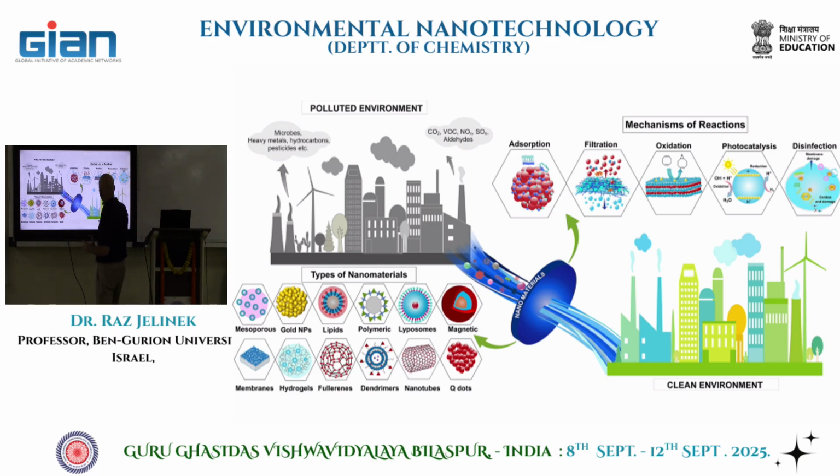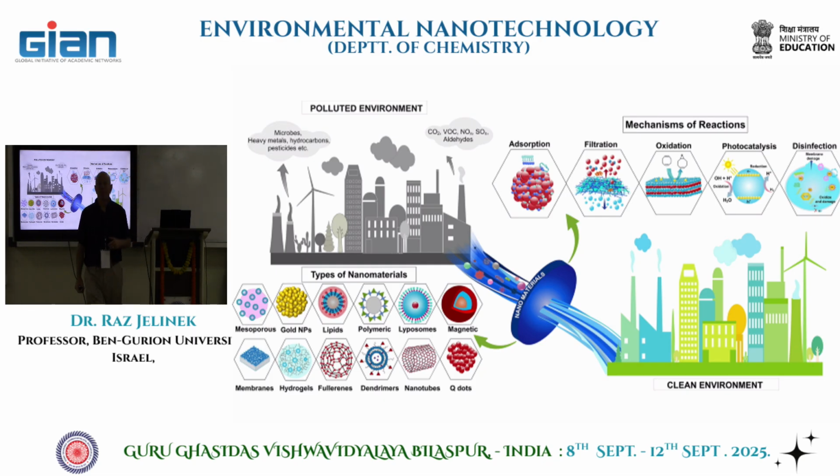What we see here in this slide is a general description of the good things that nanomaterials and nanotechnology can do to the environment. One thing, adsorption. As we're going to see in a minute, nanomaterials can absorb bad molecules from the air or from the water. When they absorb them, they remove them from the environment.